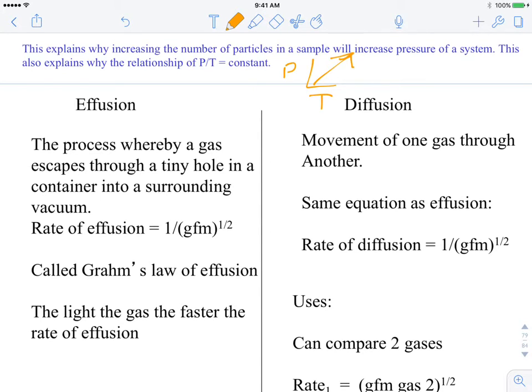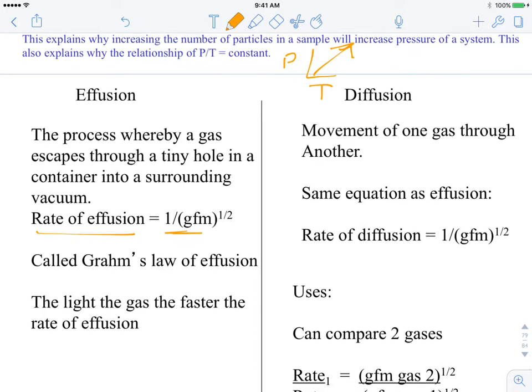And one is diffusion, where a gas will move through another gas, or it will move into a surrounding vacuum. The equations for them are the same. How fast the gas moves is inversely related to the square root of its gram formula mass. It's called Graham's law of effusion or Graham's law of diffusion.